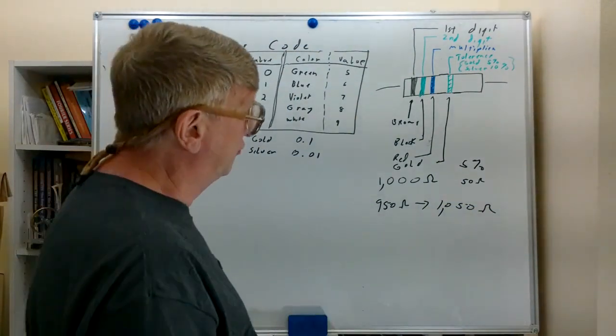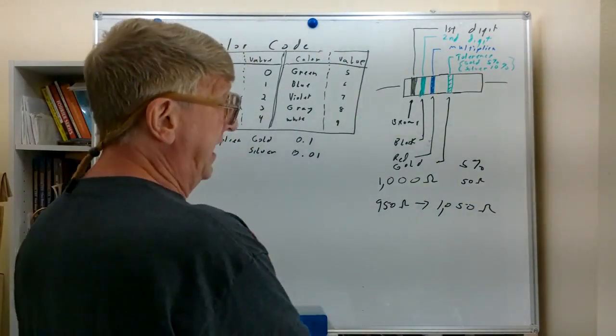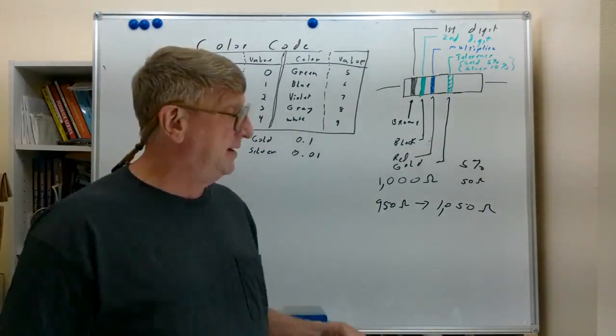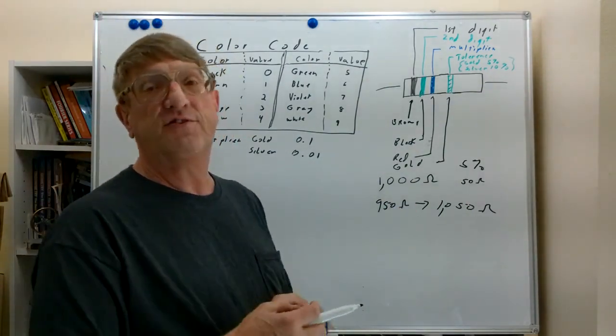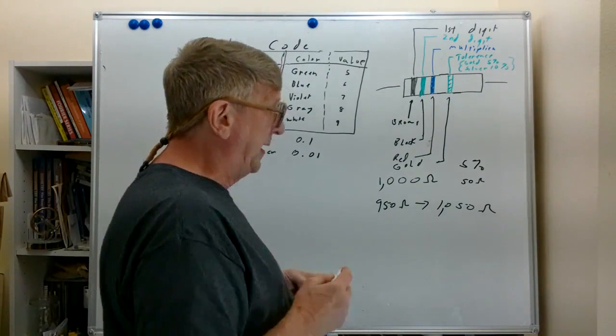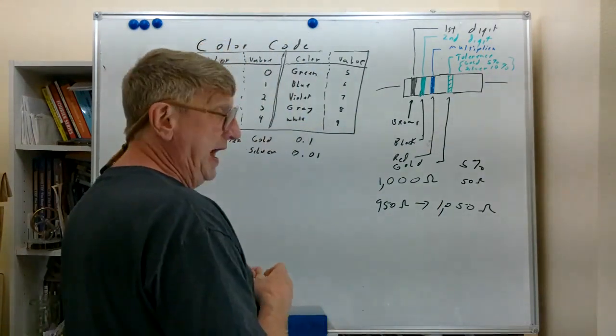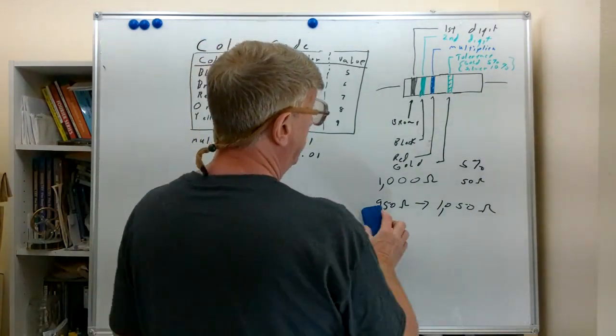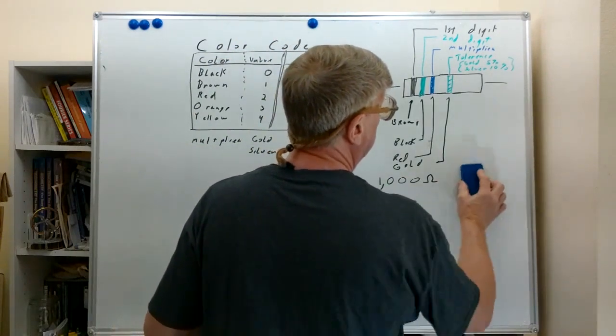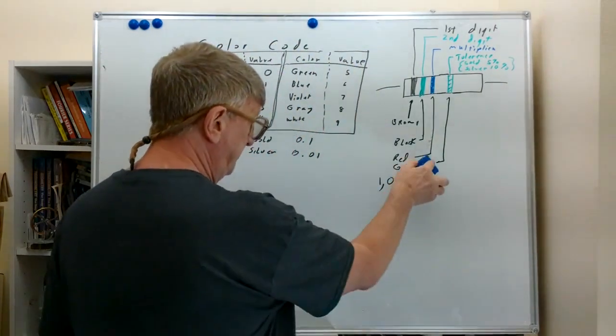If you had the gold stripe and you found it to be 850 ohms, this would not be fulfilling its expected tolerance. So it would be out of specification. And we'll look again at if it was a silver stripe.